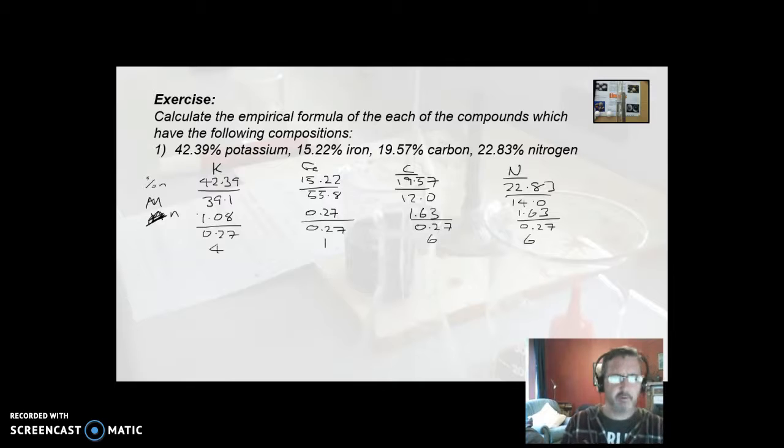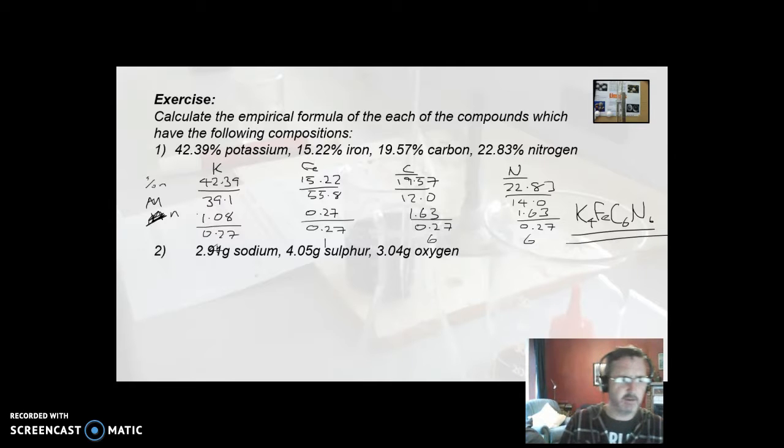So these are whole numbers, and we just use these to write our empirical formula now. So we get K4, Fe 1, we don't have to put a number down, carbon 6, nitrogen 6. That's my empirical formula.